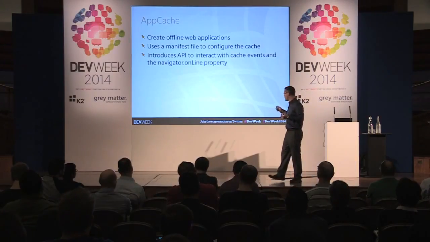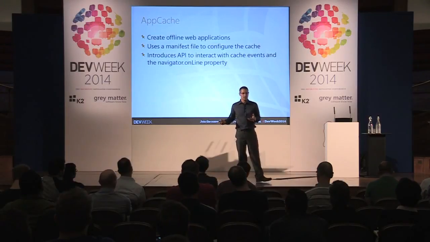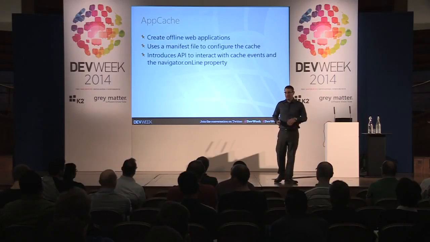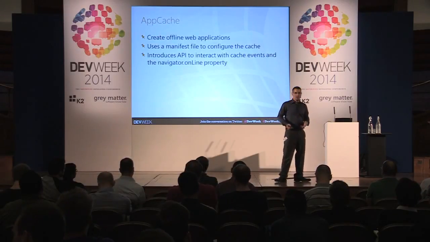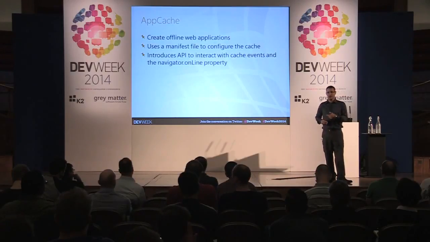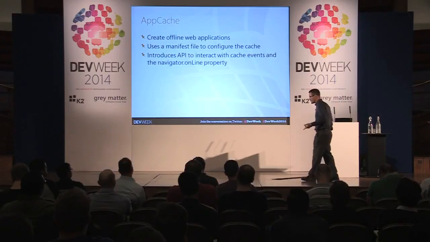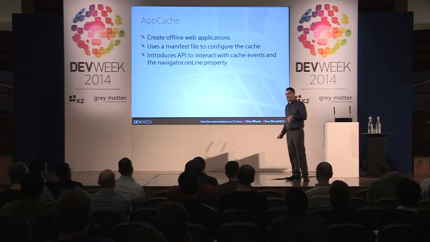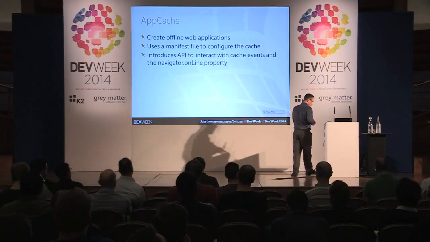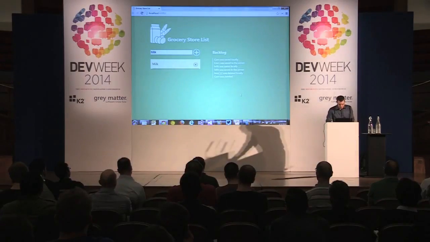You have a new property called Navigator Online, which enables you to understand whether you are online or offline. And using the API of app cache, you can swap the cache, or you can refresh the cache, or you can wire into cache events, meaning that the cache is currently refreshing, you can wire to events like that, and so on. So let's implement application cache into our storage application.